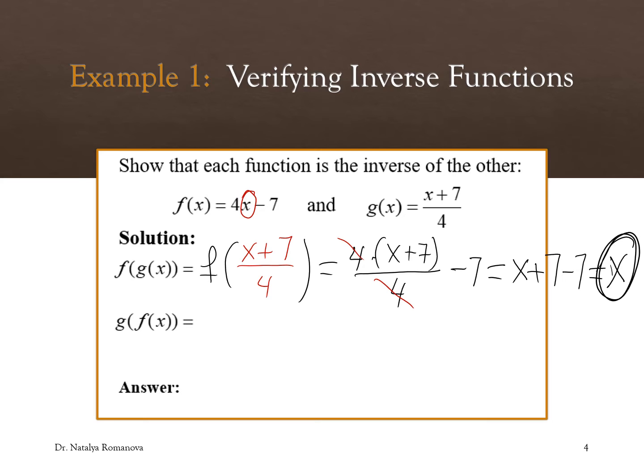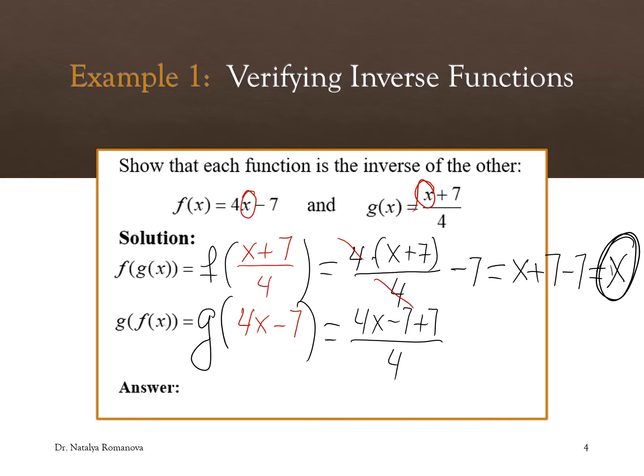Now we check the composition of functions g and f of x. Our outer function is g, and we find its value if the independent variable equals f of x. So 4x minus 7. It would be 4x minus 7 plus 7 over 4.